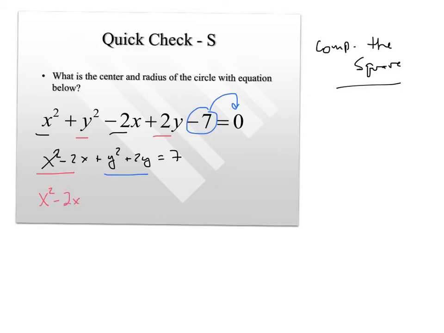So we're going to go ahead and add in a middle term divided by 2 squared, plus, now we're going to do the same thing for the y's. We're going to complete the square for the y terms, and we have a middle term divided by 2 squared. And then I need to add these to the other side.